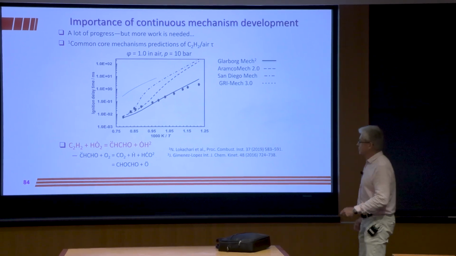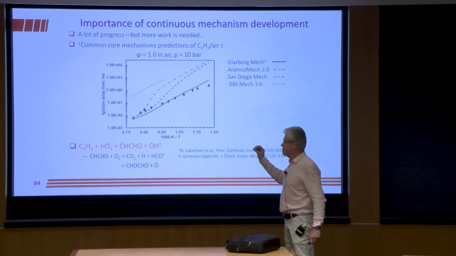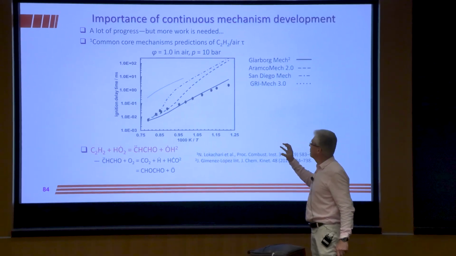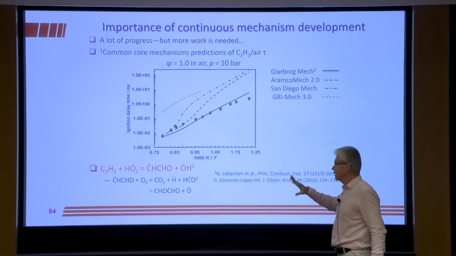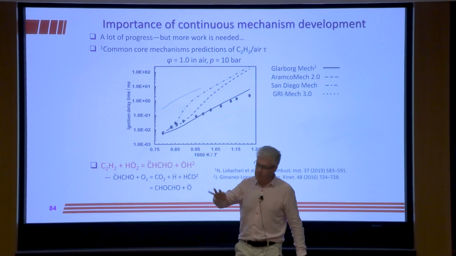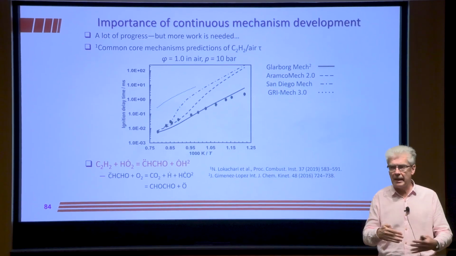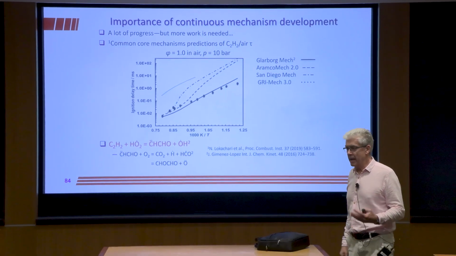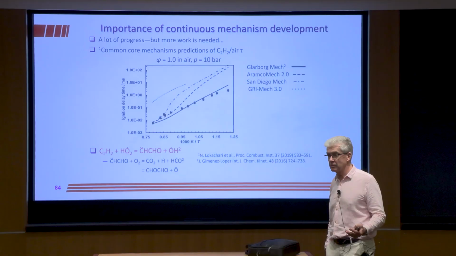Which I suppose the point of this is that just making the mechanism and not considering this product, or not doing a potential energy surface analysis, would make you miss a very important reaction in the mechanism.